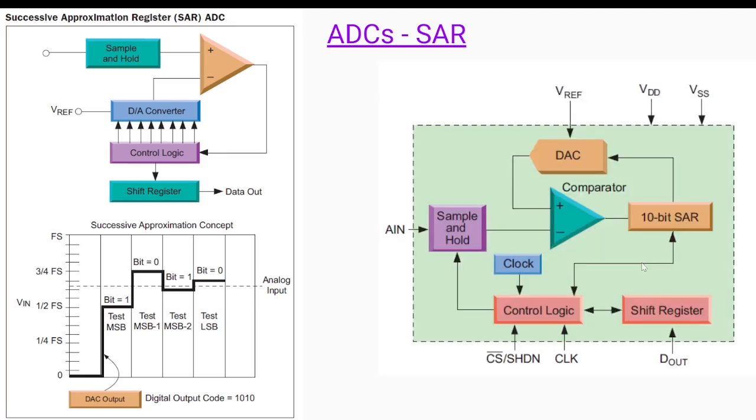There's another block diagram I like. There's another SAR ADC, and as you can see here, it's sample and hold, control logic, shift register. So it's basically just rearranging the same thing in a different way. I found this picture quite useful relating to what we are discussing on successive approximation register.